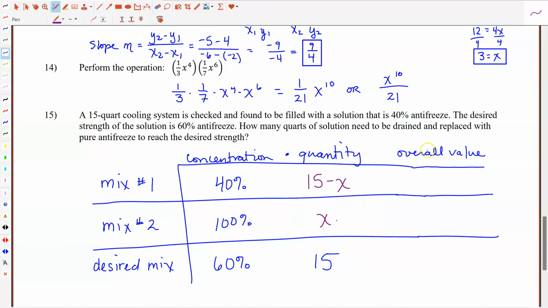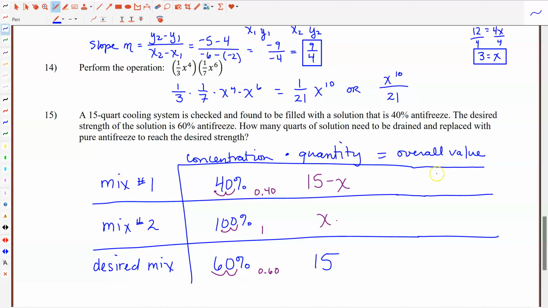Now, the overall value is found by multiplying the concentration times the quantity. So for this last cell, it's going to be the 40%, and 40% as a decimal, if I move the decimal point left 2 spots, is 0.40. 100% as a decimal would be 1, and 60% as a decimal would be 0.60.